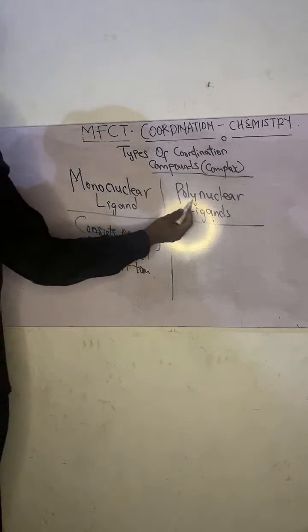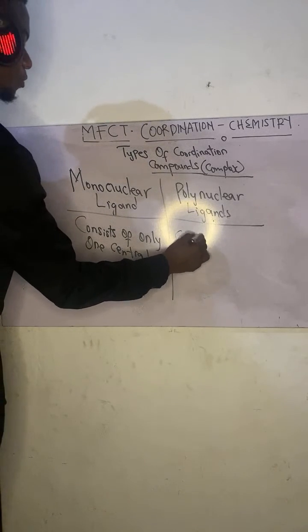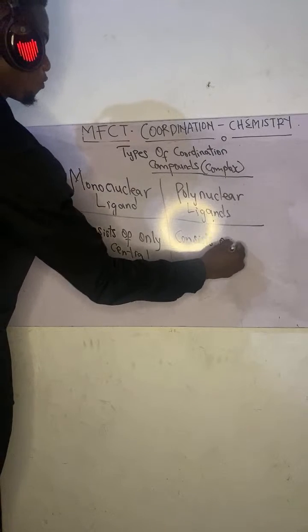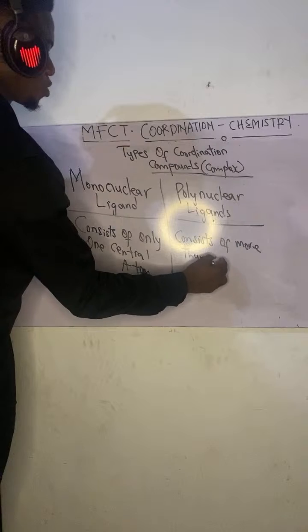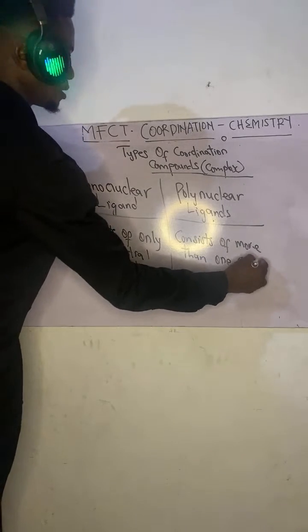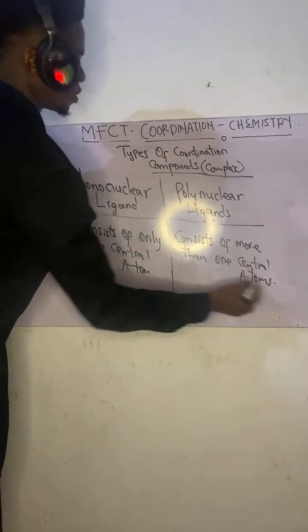And once you hear polynuclear, it consists of more than one central atom. So that's the difference. Those are the differences between mononuclear and polynuclear.